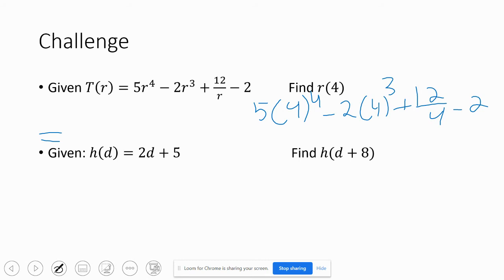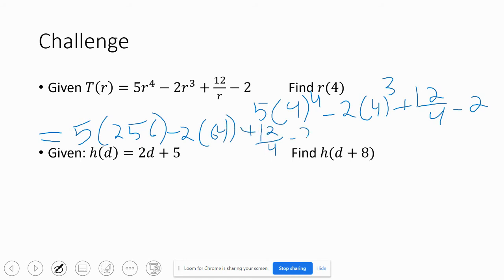4 raised to the 4th power is 256. So 5 times 256 minus 2 times 64 plus 12 divided by 4 minus 2.